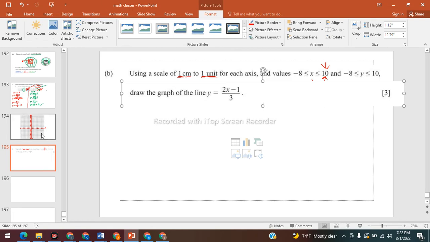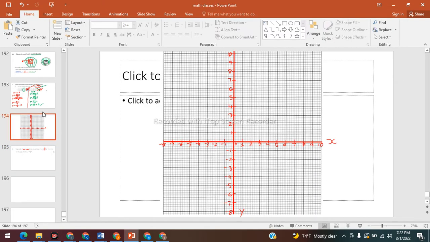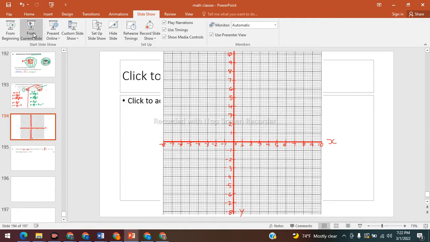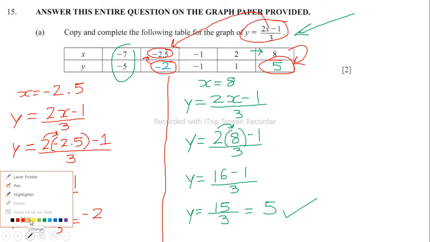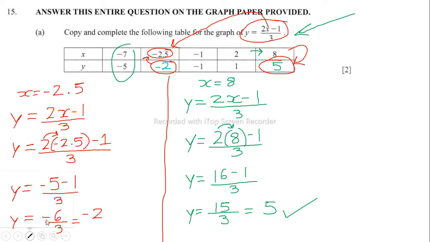Okay, so let's plot our points. The first point that we're going to plot is what? -7 and -5. Very good. So the first point is -7 and -5.